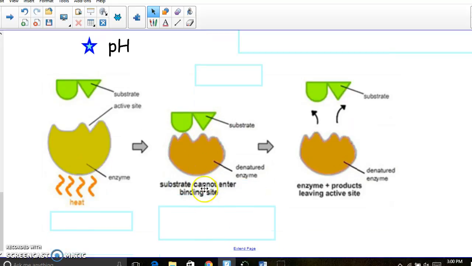The substrate cannot enter the binding site because it doesn't fit anymore. And so what we're left with is a useless protein, and the substrate was never changed. So once we denature a protein, it can't help those chemical reactions happen anymore.